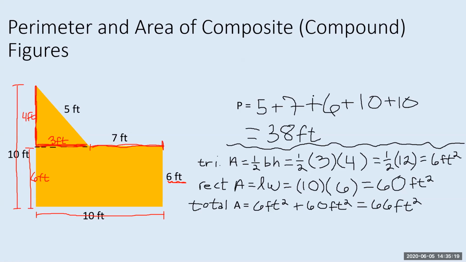For our triangle, we needed to fill in the missing information. So we know for a triangle, we need the base and the height. So we had to figure out what the base and the height were before we calculated our area. And then for a rectangle, it was just length times width. And then our final step for area was to add the individual areas together to get the total of 66 square feet.